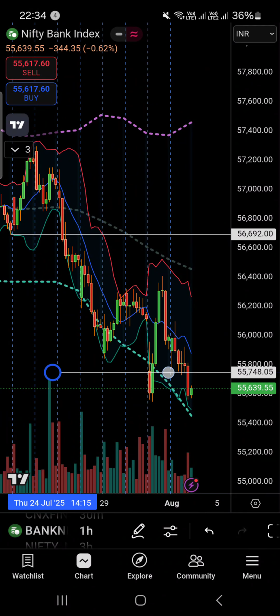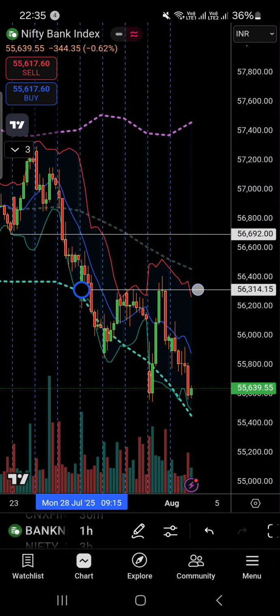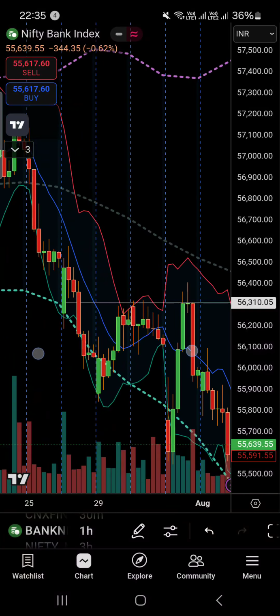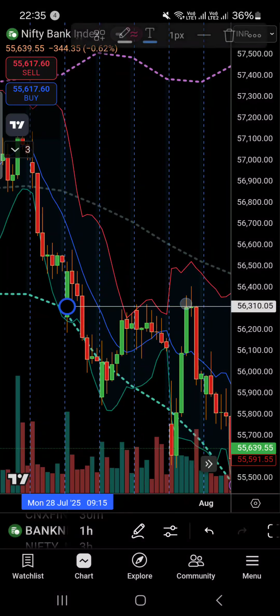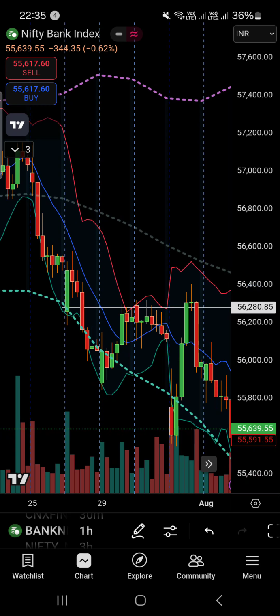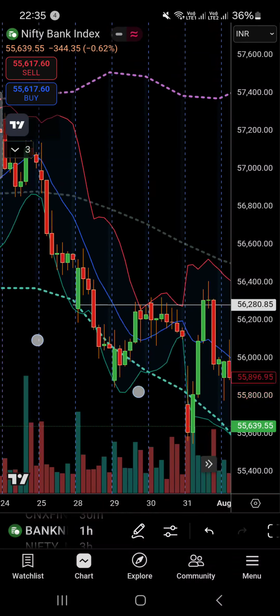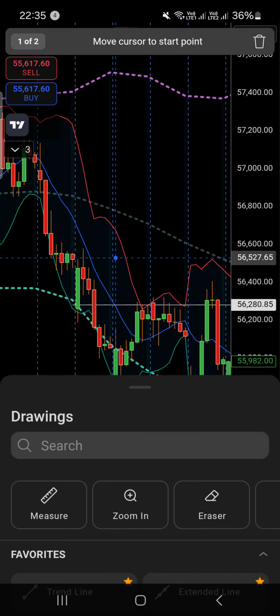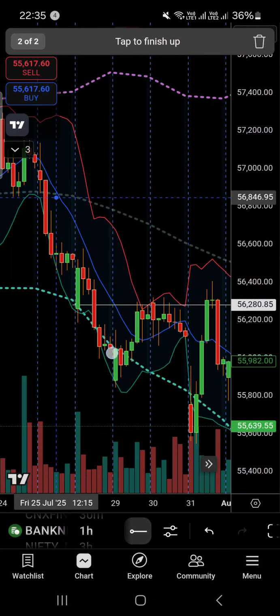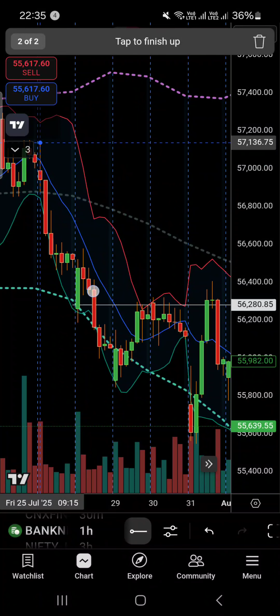Now what it did, it reached and crossed this point this time. So here it crossed this point. Now this is a risky place to have a trade because the stop loss will be high. There is no candle here which is crossing above.